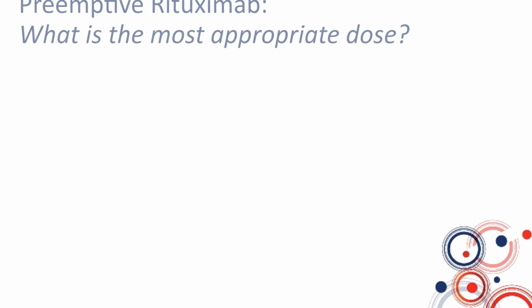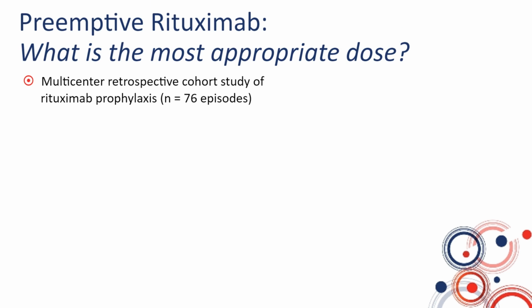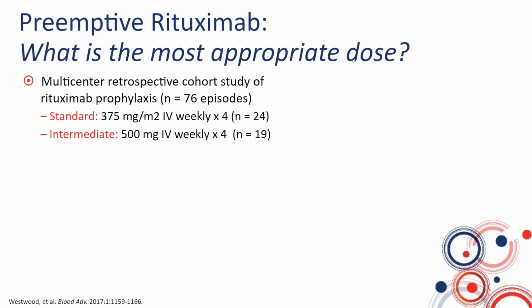For preemptive or prophylactic rituximab, a question often raised is what is the most appropriate dose? And this study done from the UK TTP group, Westwood et al., looked at 3 different doses of rituximab: the standard dose of 375 milligrams per meter squared, an intermediate dose of 500 weekly times 4, and a reduced dose of 200 milligrams IV weekly times 4. This was rituximab given early in the course of their treatment with plasma exchange.